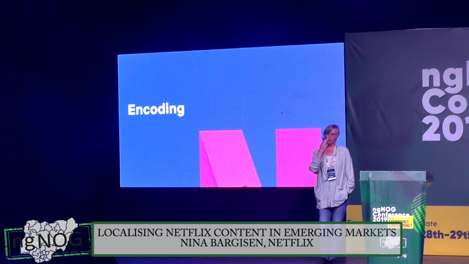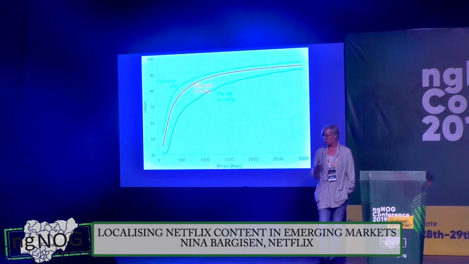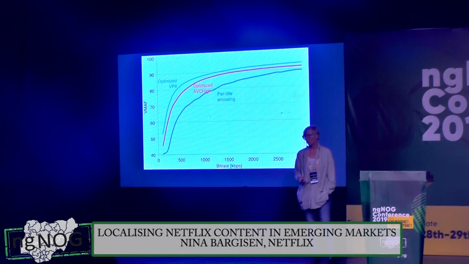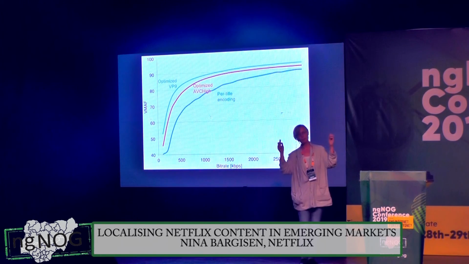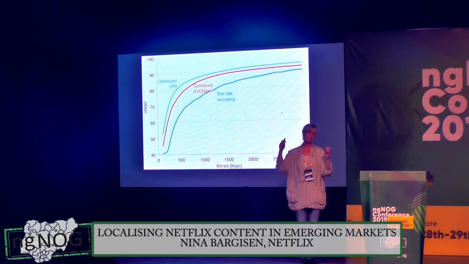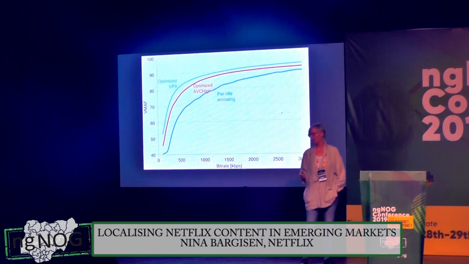The last thing we're working very hard on trying to improve is the encoding. So we used to do what we call title encoding, and we would take a movie and we would say, okay, this movie should be encoded in these different bit rates, and then we would encode the whole movie, and then for a certain resolution, we would have a fixed bit rate for the whole session, and then switch between that.